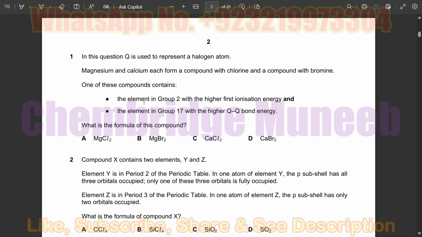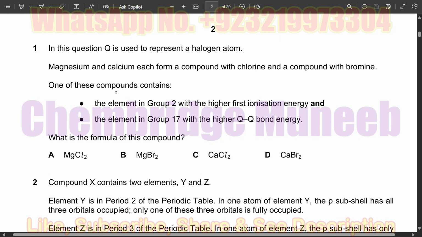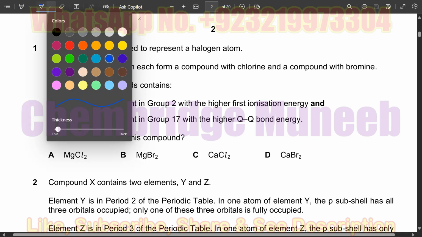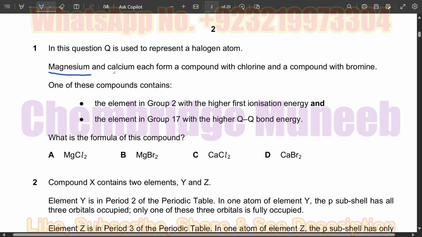One of these compounds contains Q. So we have to identify which element is present out of these two elements, magnesium and calcium, in the compound Q. One of these two is present, and the element from group 17 can be either chlorine or bromine in the compound Q.